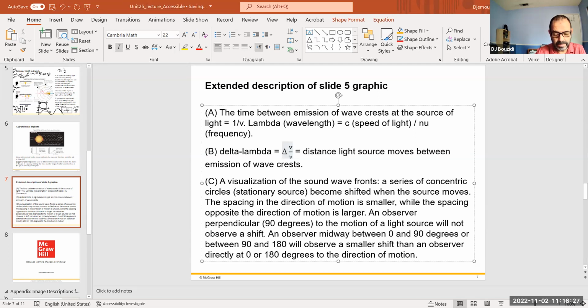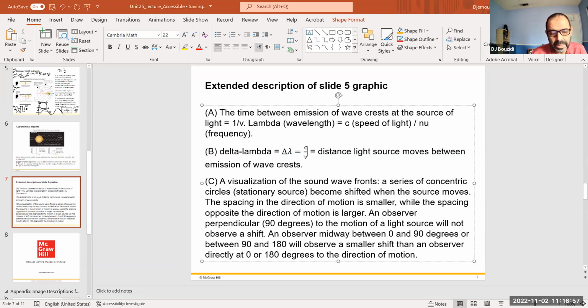Delta lambda, lowercase lambda, equals V over nu. That's basically what this whole thing means. Delta lambda is equal to V over nu, where V is the velocity. And for the case of light, the velocity is c, so this is c over nu, where nu is the frequency.